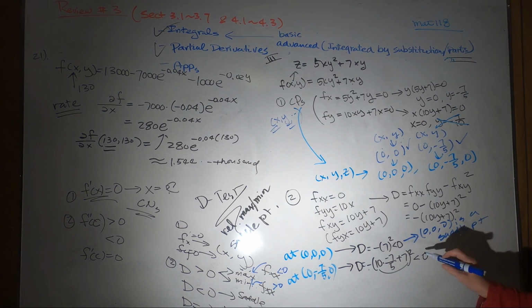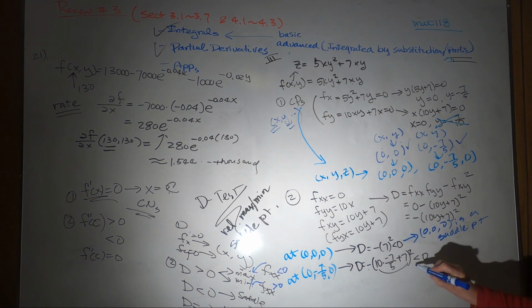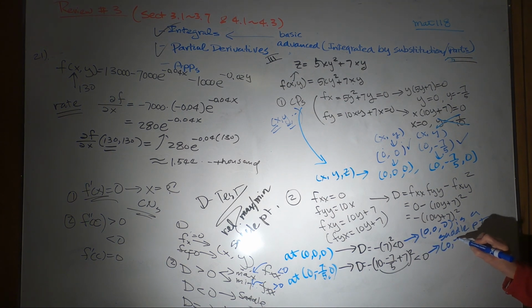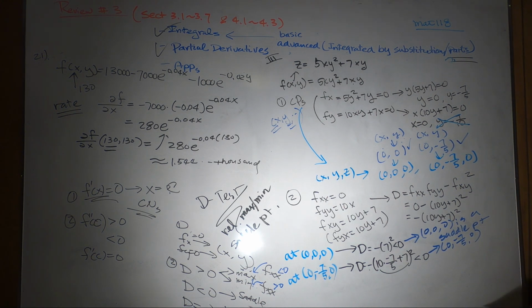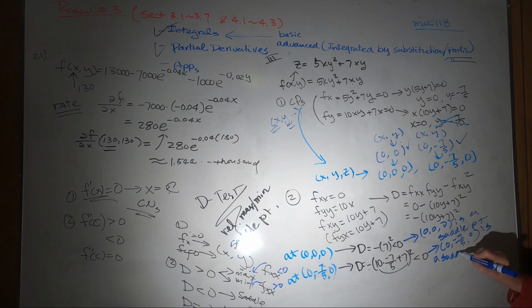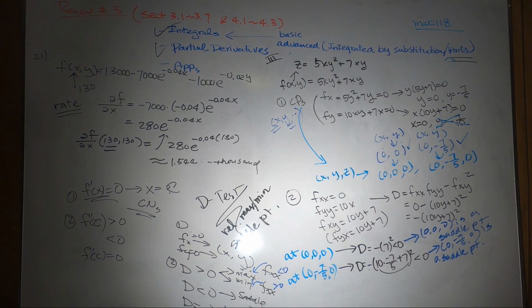Then for this one, less than 0 means the same thing: 0, negative 7/5, 0 is a saddle point as well. That's how we decide. Okay?